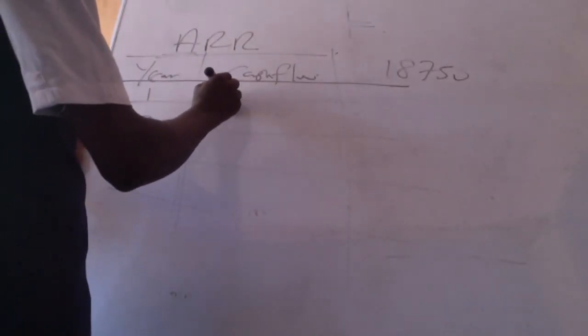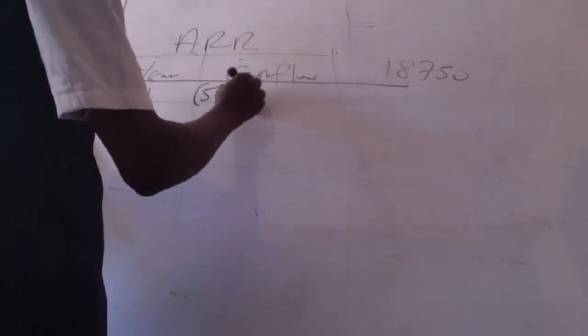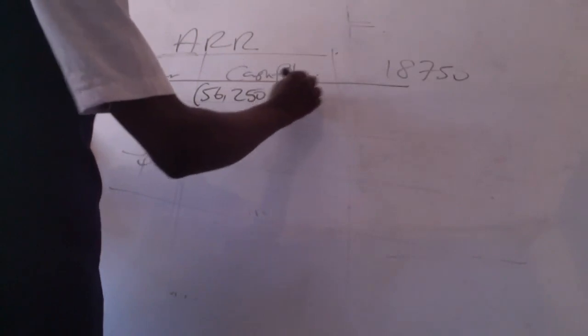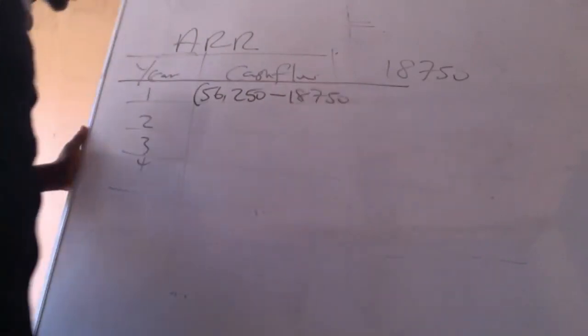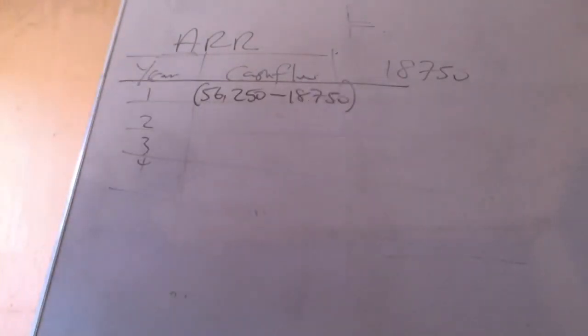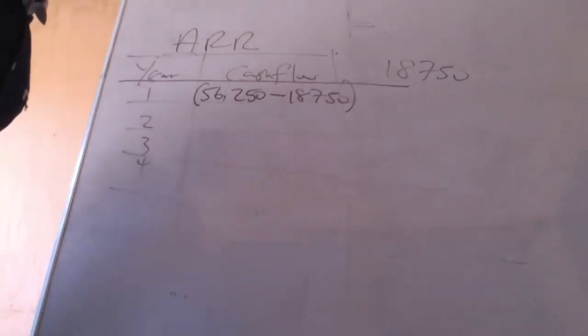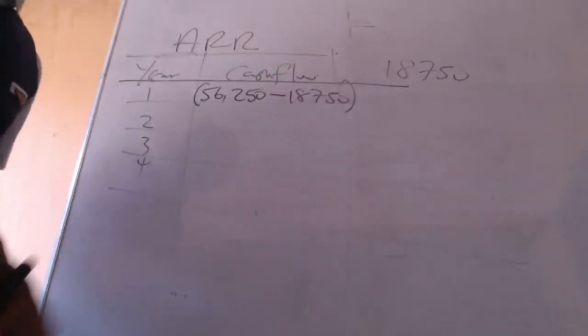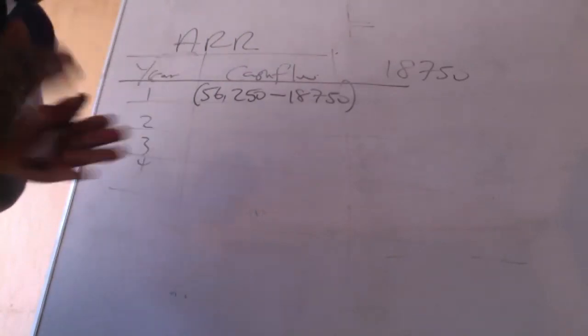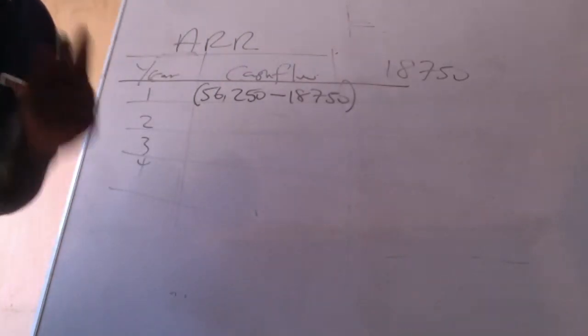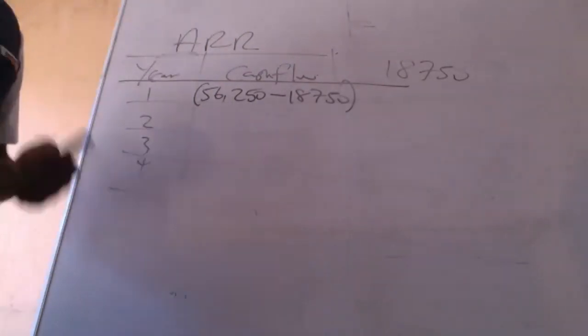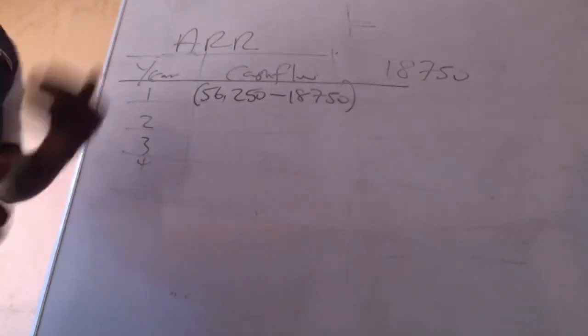So here, for year 1, you rather less the 56,250, the 18,750. Have you seen? Because it will be incurred when? Year 1, not year 3. Accounting rate of return: expenses should be recorded as and when you incur them.